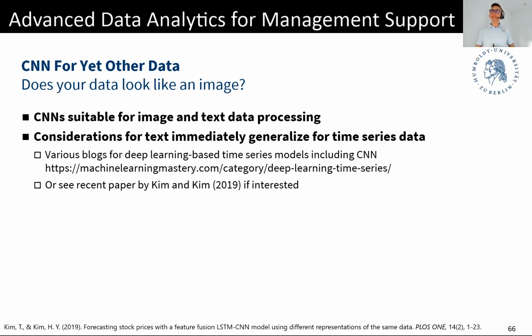So what's the take home? CNNs work well for text data, for sure. You can extract latent features from your text. That's very well developed for text classification. But that also follows from the fact to some extent that text data is already in a shape that looks very much like image data.